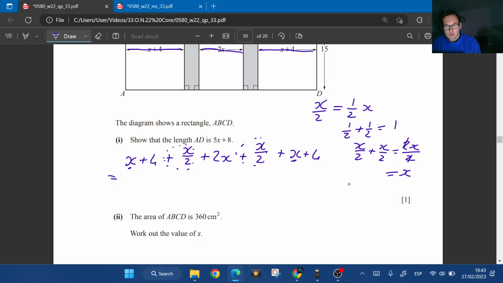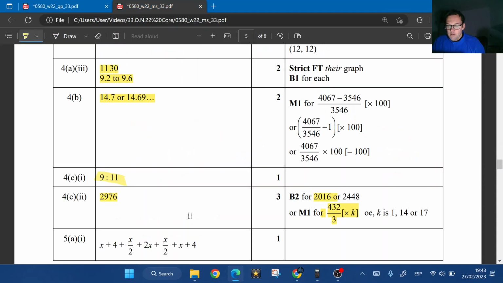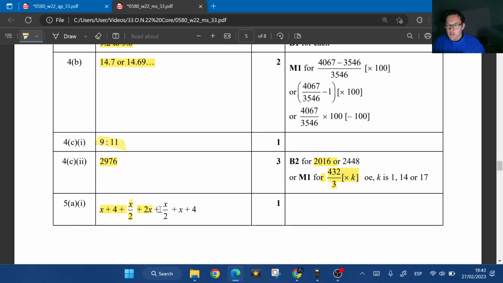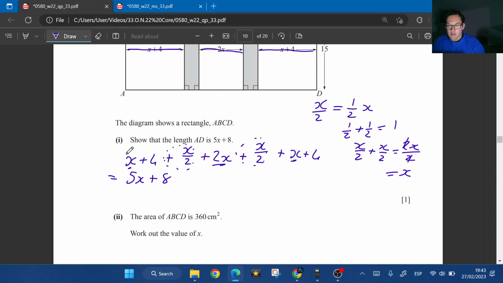Plus 2x. 4x plus 5x, yeah. x plus 2x plus x is 4x plus 2 half x's is 5x's, yep. And then 4 plus 4 is 8. Right, so yeah, all they want to see actually is you writing it like this part here. That's what gives you the mark.